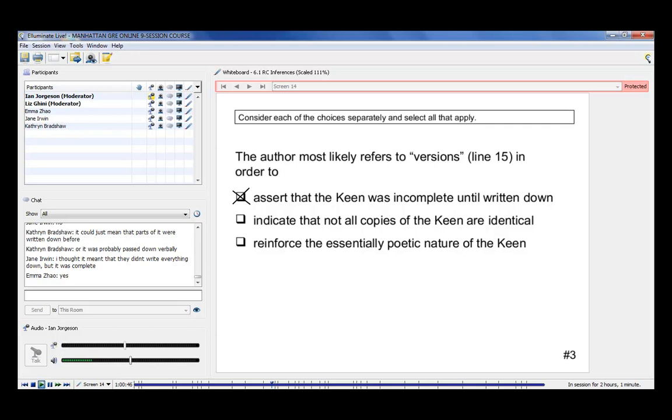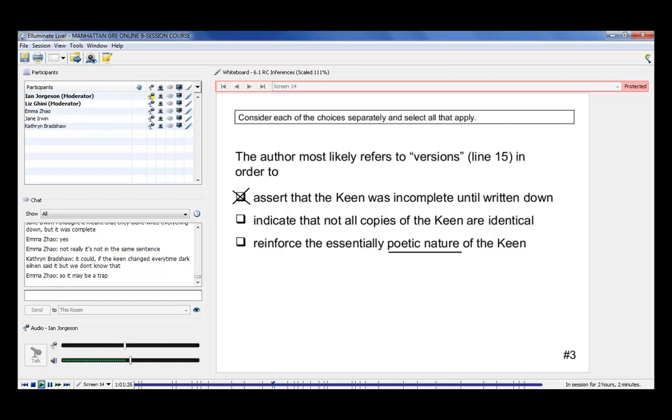Does the word version reinforce the poetic nature of the Keen? Does version have anything to do with poetic nature? What do you guys think? Do we get poetic nature from versions? Okay.